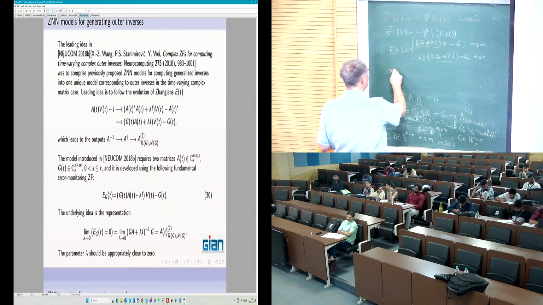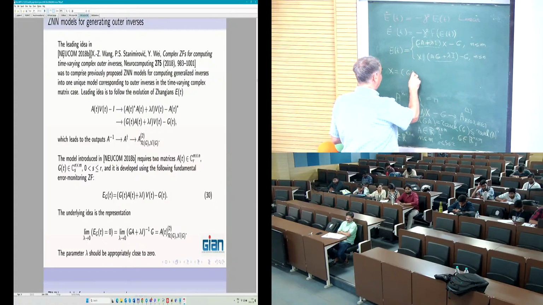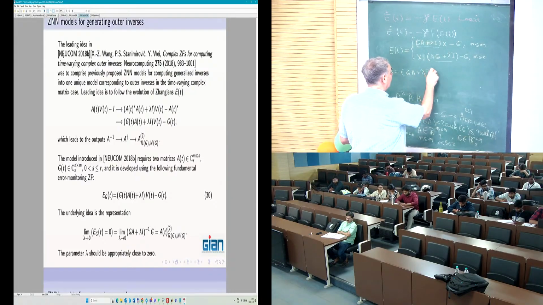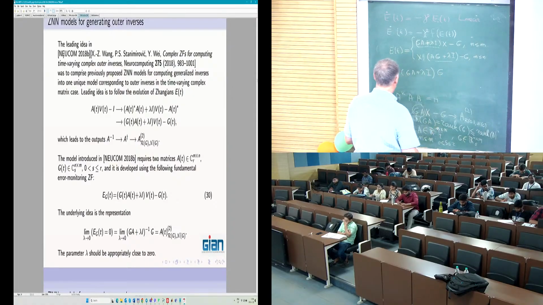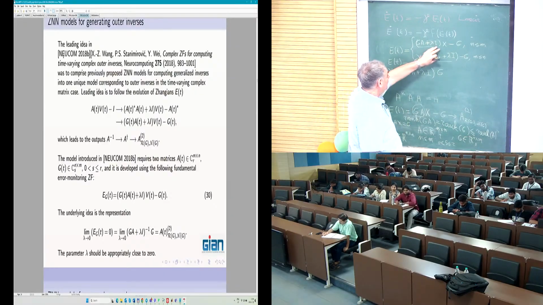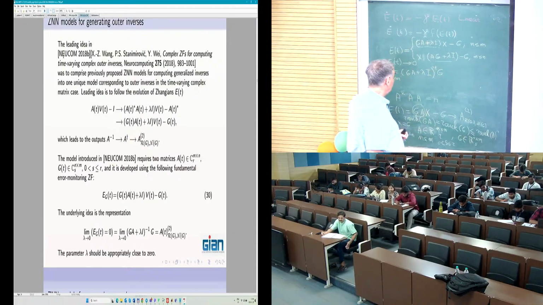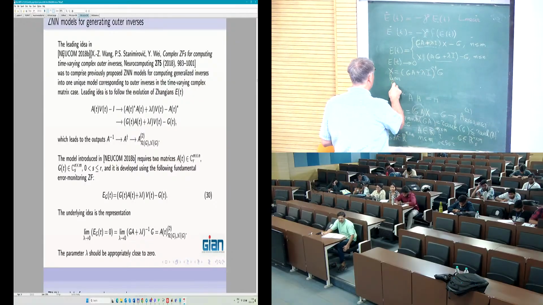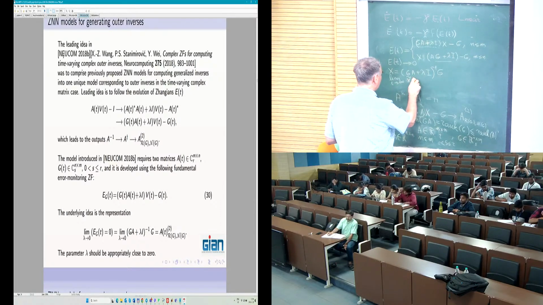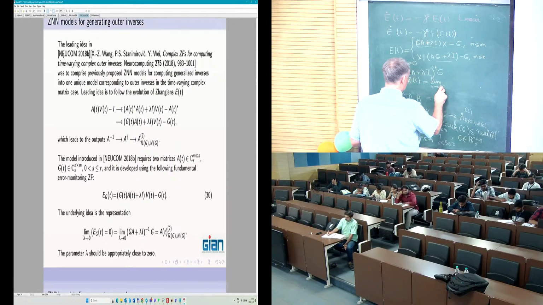In the first case, X is equal to GA plus lambda identity matrix inverse times G. According to ZNN dynamics, it will tend to 0 when this expression equals GA plus lambda I inverse G. In the limit as t tends to infinity, we will obtain the exact solution, tilde x.